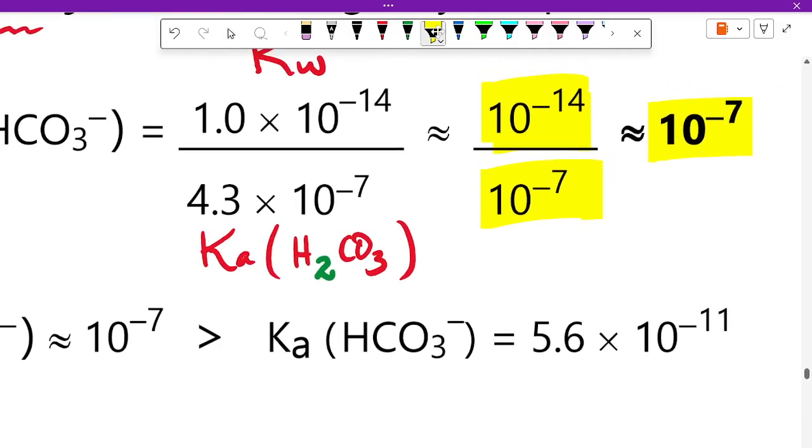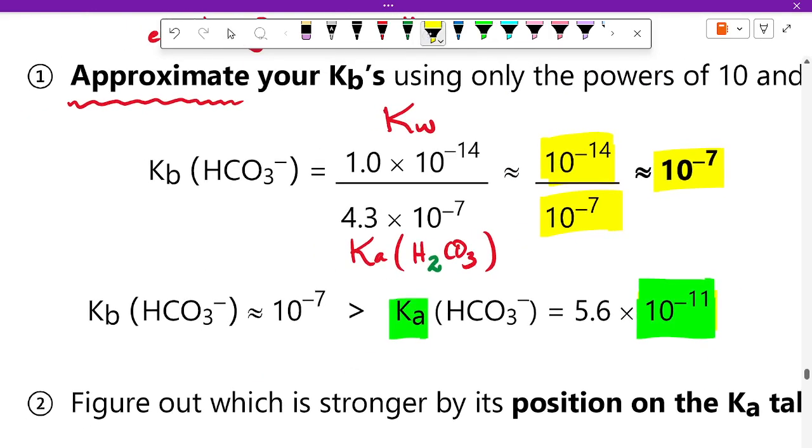And we get a 10 to the negative 11. So we have Ka is about 10 to the negative 11, and Kb is about 10 to the negative 7. So that shows us that Kb is stronger than Ka, and therefore the solution is basic.